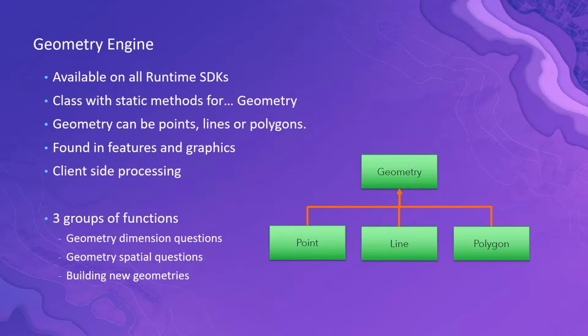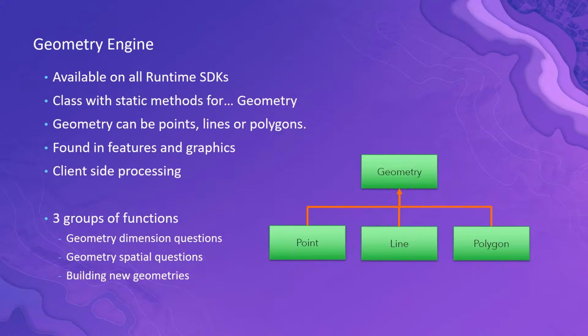It operates on point geometry, line geometry, and polygon geometries, and geometries that come from both features from the ArcGIS system, or graphics that are ad hoc or created within your application on the fly. So these operations work off geometries from both of these types.